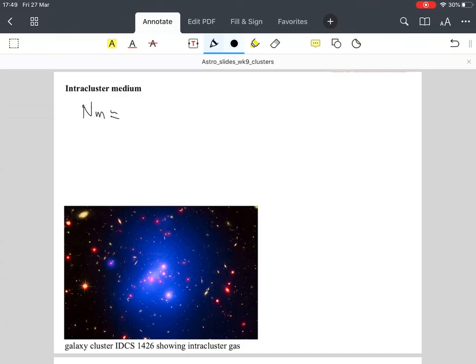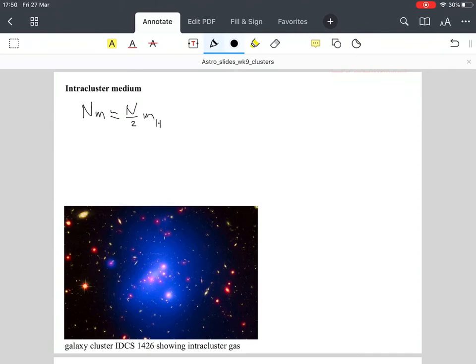And if half of the total number n is in protons, then n over 2 is the number of protons, and they have a mass of mh, where again we're approximating that the mass of ionized hydrogen is roughly the same as hydrogen 1.